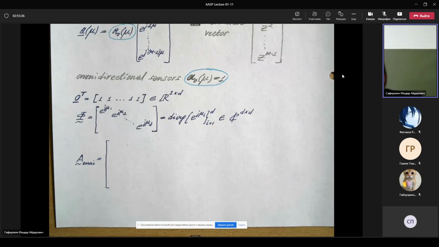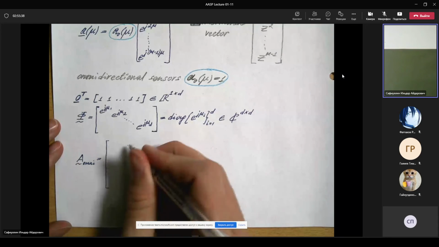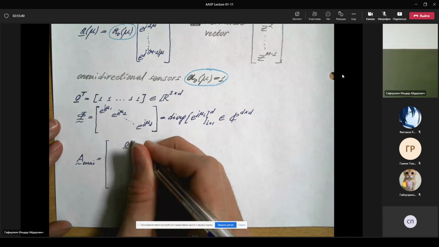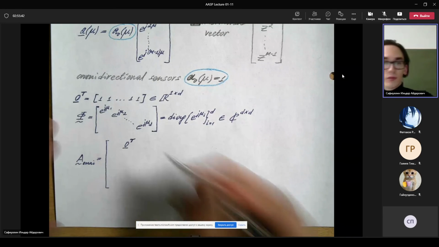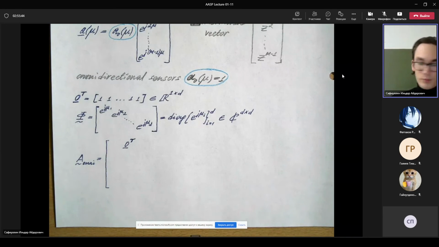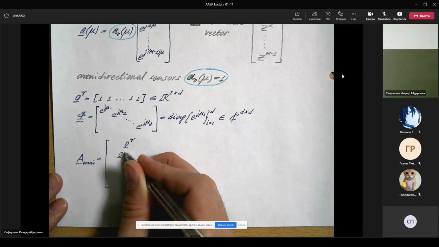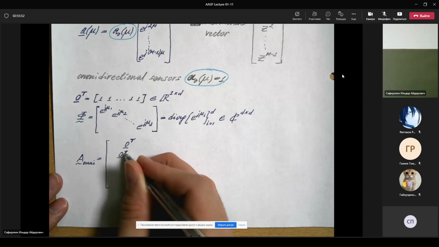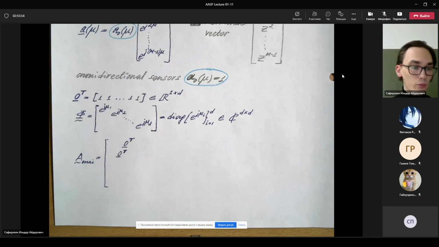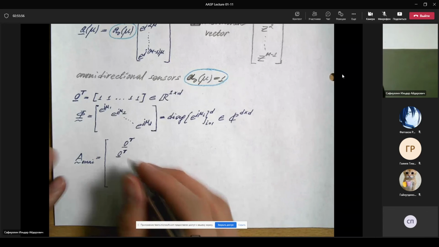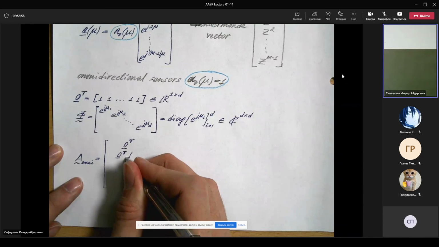In this case, we have here only this row vector O. Then the second one will be the same vector O, but multiplied with matrix phi.